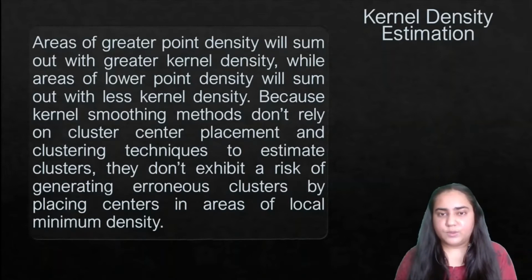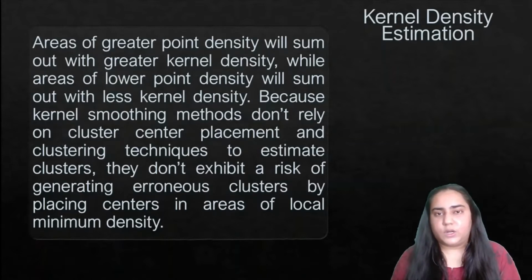And because kernel smoothing methods don't rely on cluster center placement and clustering techniques to estimate clusters, they don't exhibit a risk of generating erroneous clusters by placing centers in areas of local minimum density. Like the k-means clustering algorithm, it relies heavily on choosing centroids, and based on those centroids, the rest of the data points are classified into different clusters.